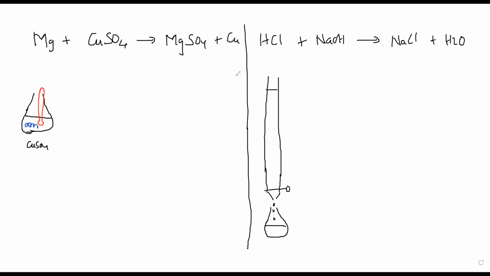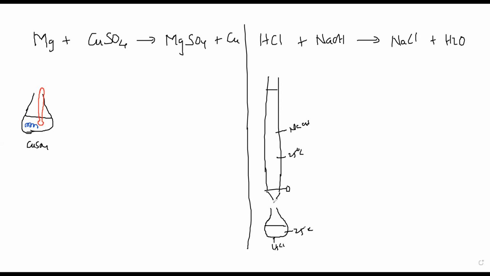Before I start the reaction, both the solutions, HCl and NaOH, are at room temperature. Assume that room temperature is 25. So this is at 25 degrees centigrade, and this is also at 25 degrees centigrade. This has NaOH and this has HCl.